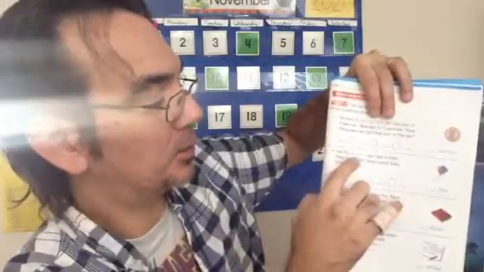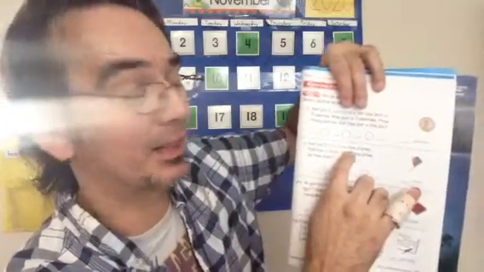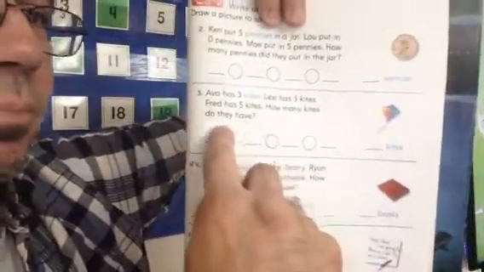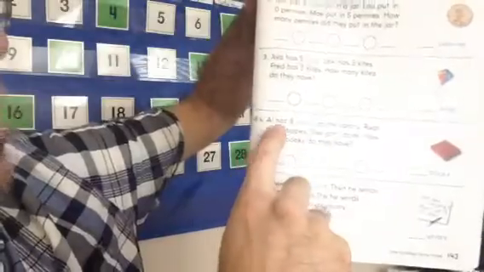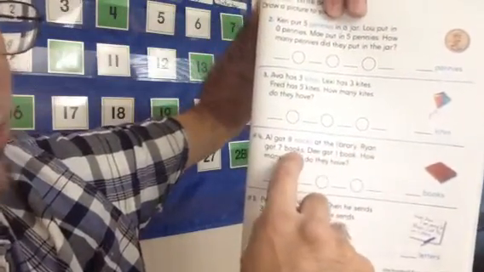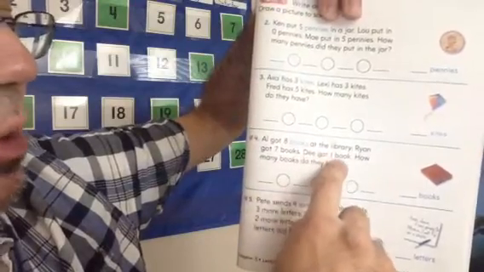This one here with the kites. Ava has 3 kites. Lexi has 3 kites. Fred has 5 kites. How many kites do they have? Al got 8 books at the library. Ryan got 7 books. Dee got 1 book.